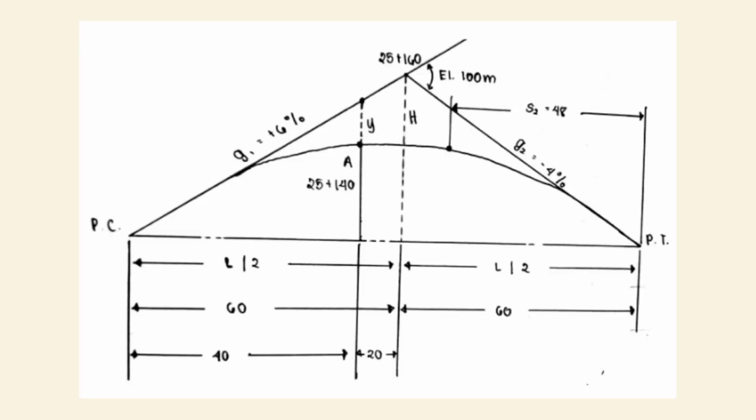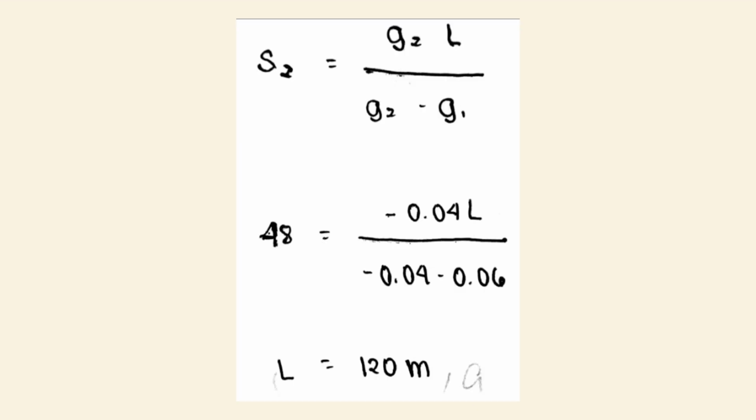From the problem, our figure would look like this, with G sub 1 and G sub 2 representing the back and forward tangent respectively. S sub 2 is the distance between the highest point of the curve and the point of tangent C or PT. For A, using the formula, we have S sub 2 is equal to G sub 2 multiplied by L divided by G sub 2 minus G sub 1.